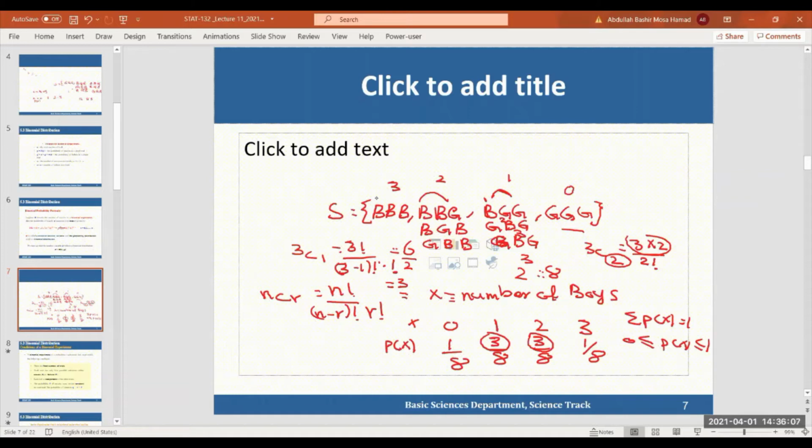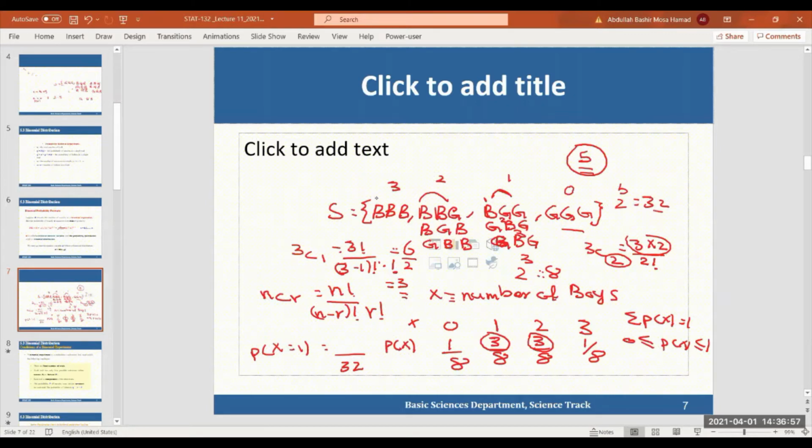For example, if we have 5 kids, the question is now to find the probability of one boy, P(X equals 1). First, let's agree that if you have 5 kids, we are going to divide over 2 power 5, which is 32.